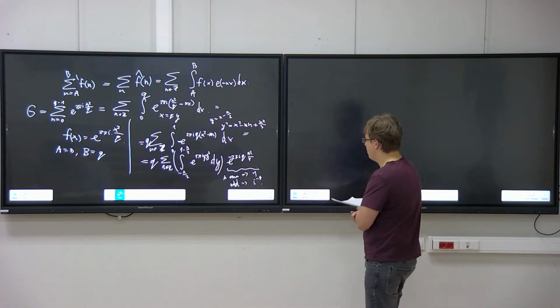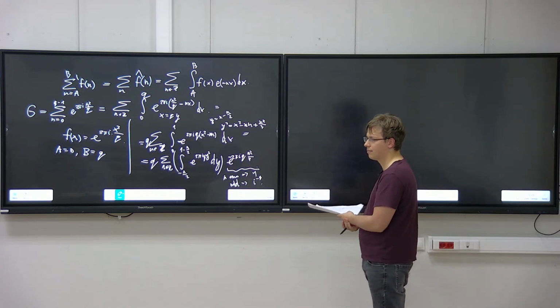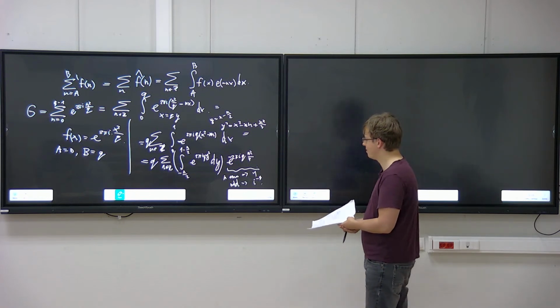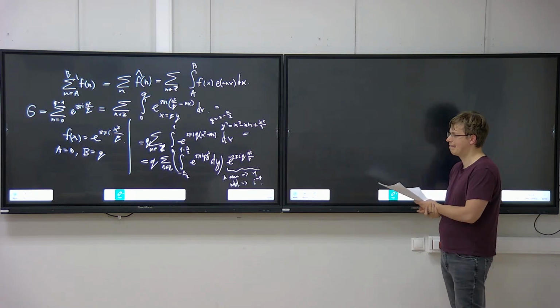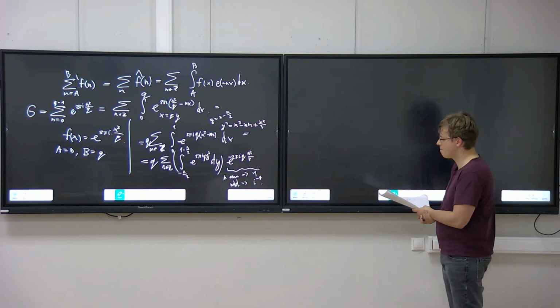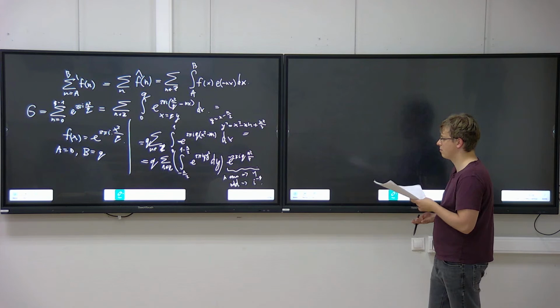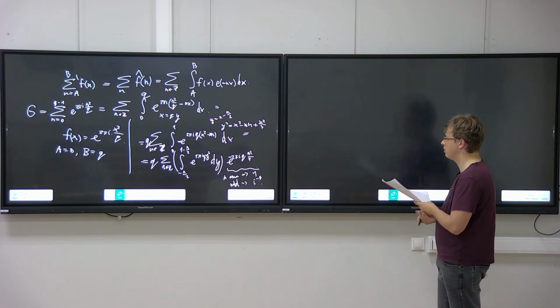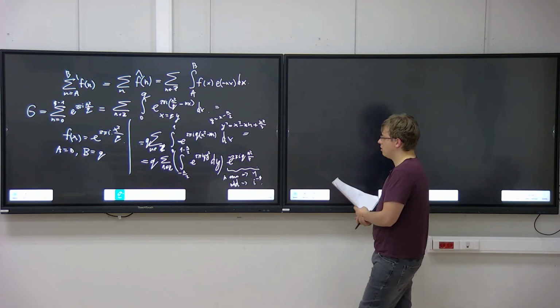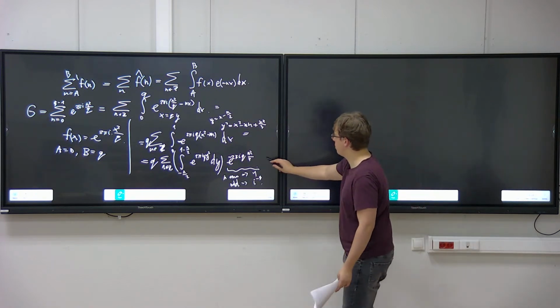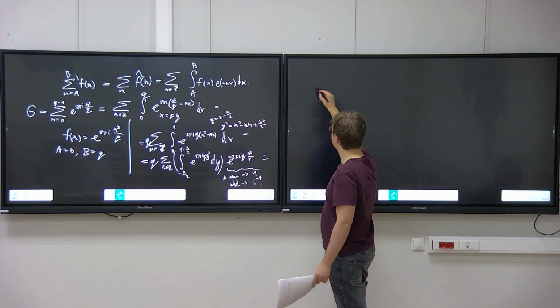Do you agree with this? Me too. N squared is congruent either to 0 or to 1 modulo 4. That's it. Yeah, then we sum separately over evens and odds and get the same integral. Yes, now we did sum separately.